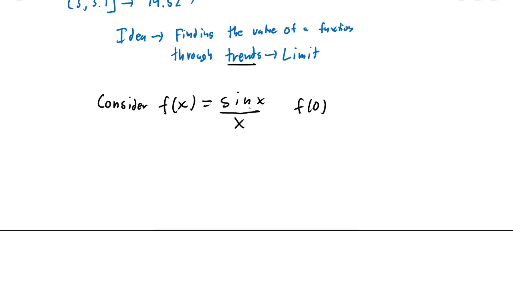Because if I try to do this at 0, and again, we're considering everything in terms of radians here, well, what is the sine of 0? The sine of 0 is, of course, 0, so that's going to be 0 over 0. It's the same problem. This is actually undefined, okay? But can we maybe see what happens if we look at a trend?